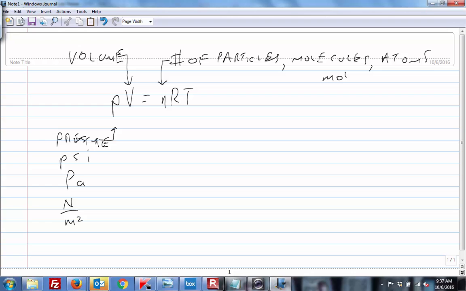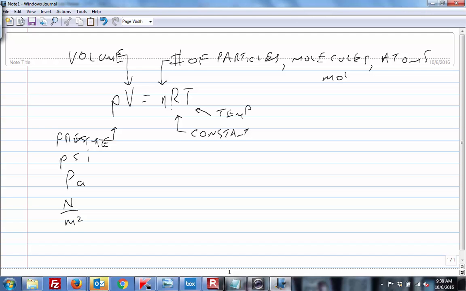And you're just counting up how much matter is there. This is the ideal gas law constant, and this is temperature.